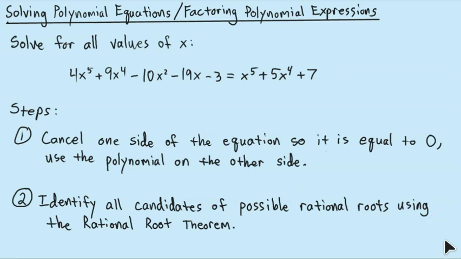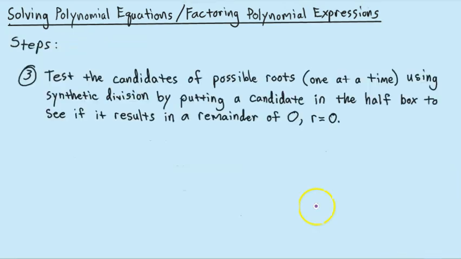And that's the whole point of the rational root theorem: it gives us a list of possible rational roots, and we call those possible roots candidates. Only a few of them are actually going to be roots of the polynomial, but all of them are possible roots, and that's why we call them candidates, because a candidate is a possibility.